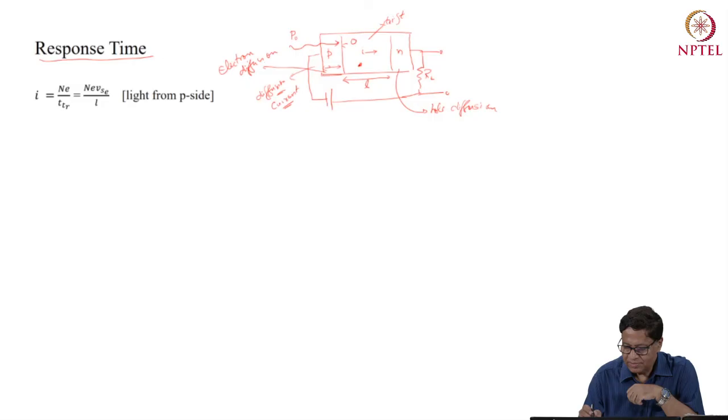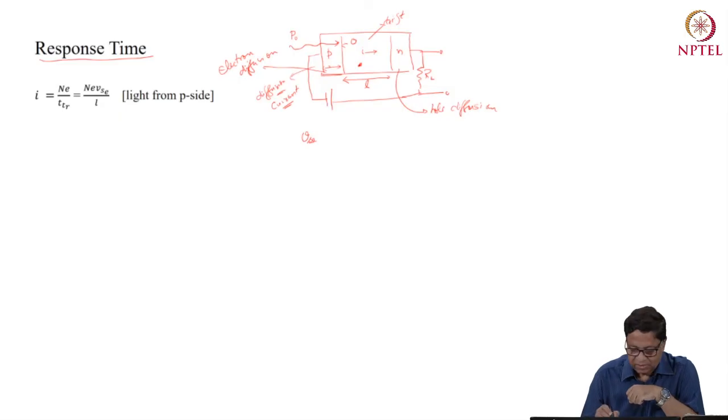So when an electron is swept towards the contact, which constitutes the current because of the drift, it will attain some velocity which is called the saturation velocity. Let me define that as VSC.